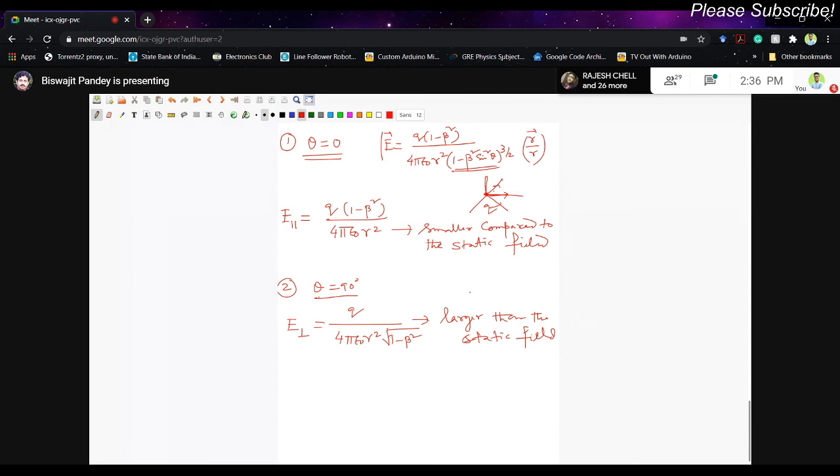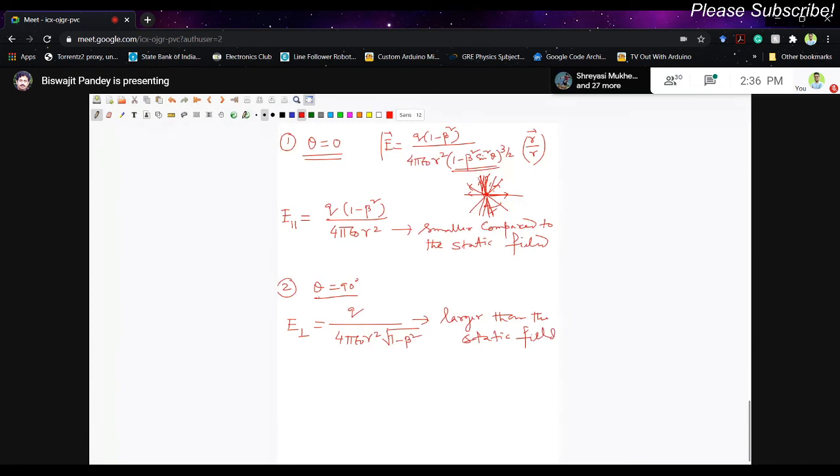So what you will see in this case is that the electric field is larger, so the lines of force get denser here, packed closer to each other, right? So in this direction they will be weaker, and in the orthogonal direction the lines of force will be packed closer to each other.